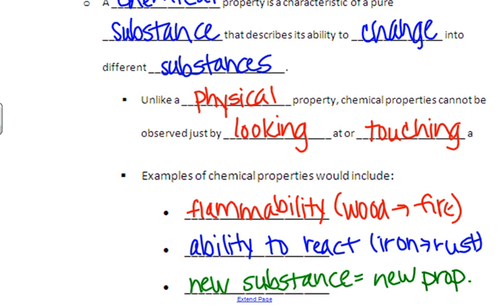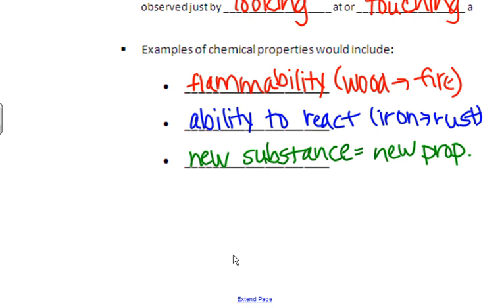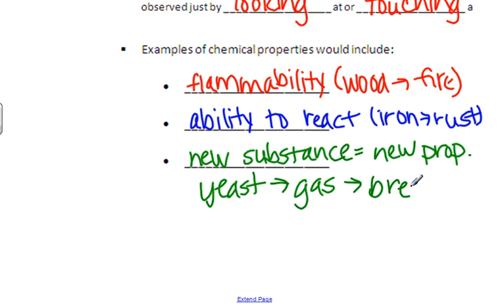Okay, so for example, we might be talking about yeast that's going to rise. Okay, so if we talk about yeast, that produces carbon dioxide, that's a gas. Okay, and as that releases gas, that helps your bread to rise.